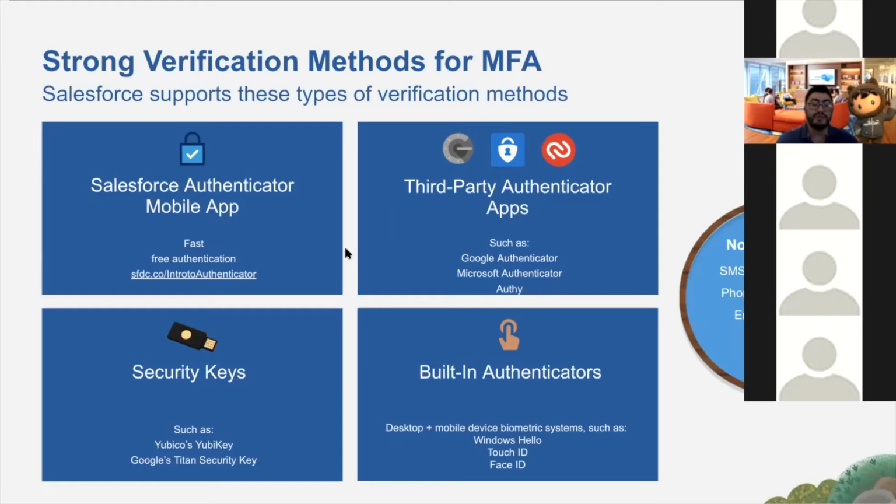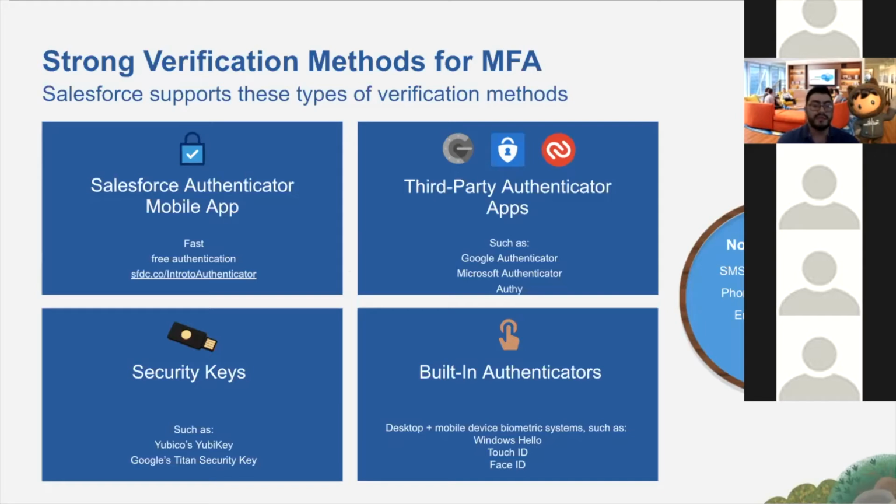You can also use third-party authenticator apps such as Google Authenticator, Microsoft Authenticator, Authy. These applications are available in iOS and the App Store free of charge. You can also use security keys such as Yubico's YubiKey or Google's Titan security key.